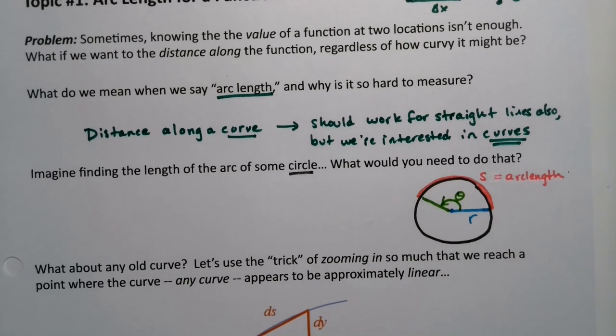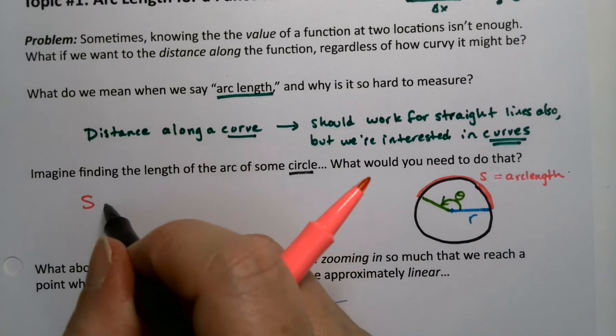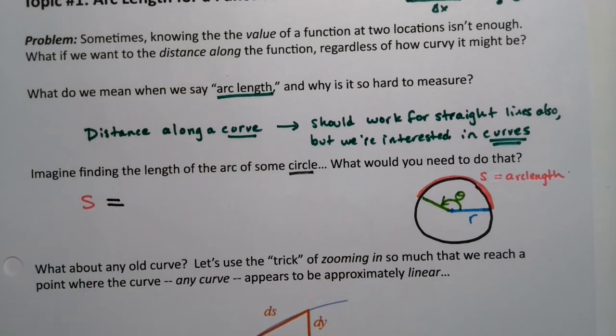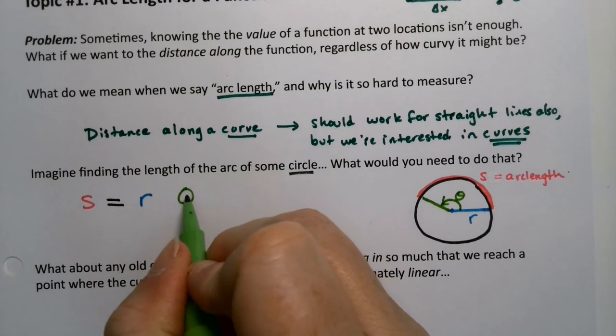right? We learn that formula in pre-calc and trigonometry because it's the foundation for what radian measure is. Of course, that angle theta must be in radians.